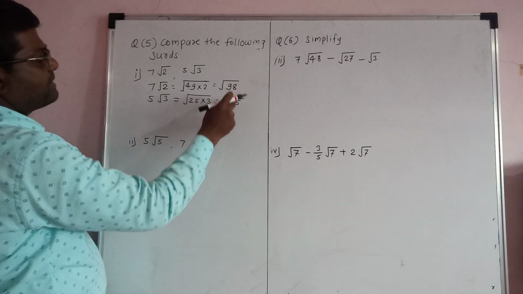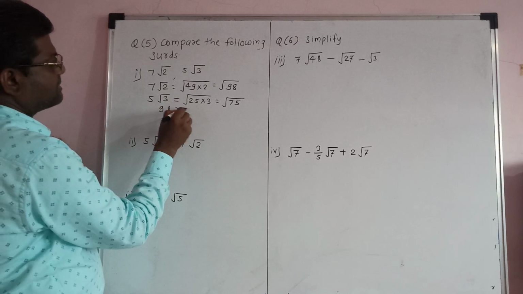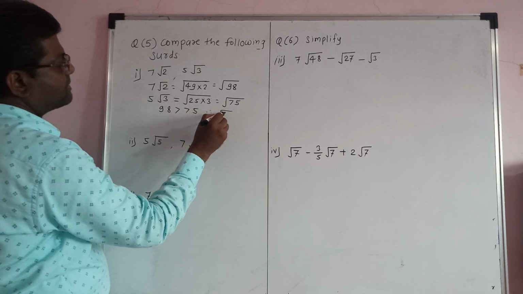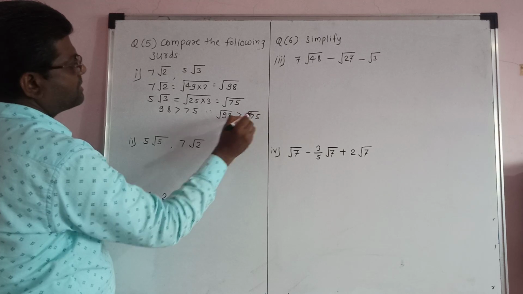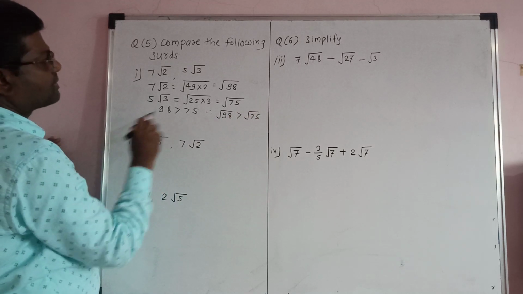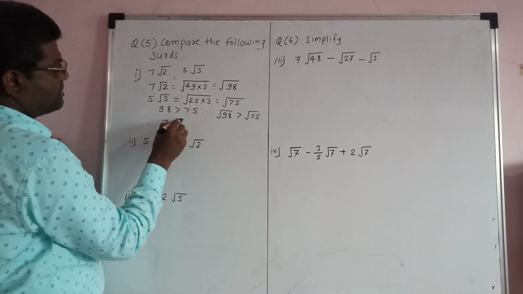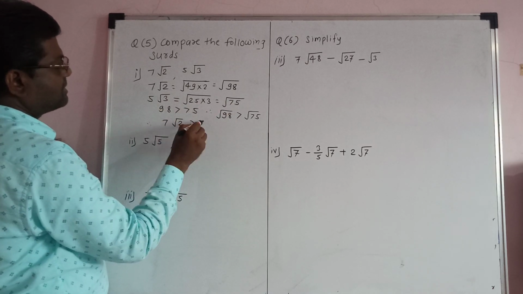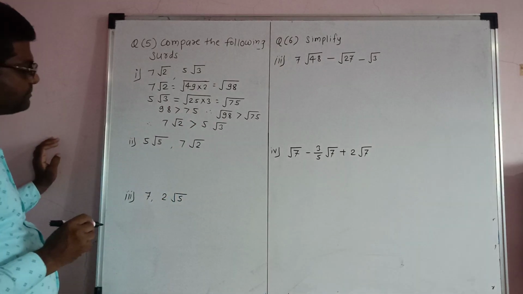Now compare 98 and 75. 98 is greater than 75. Therefore square root of 98 is greater than square root of 75. Therefore 7 root 2 is greater than 5 root 3.